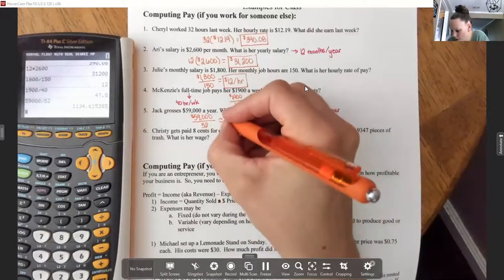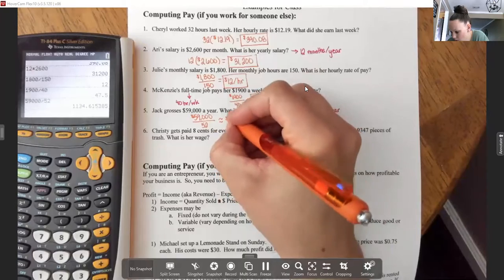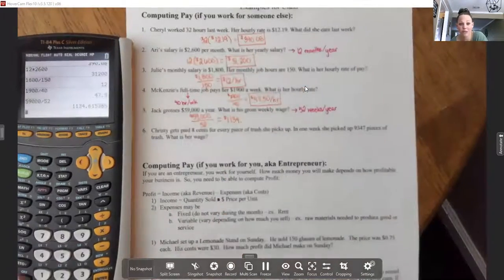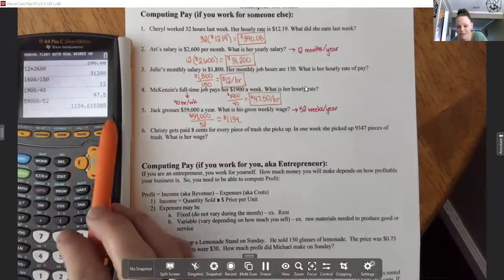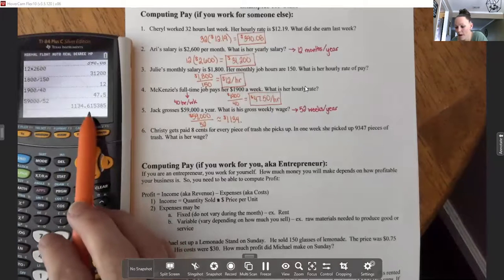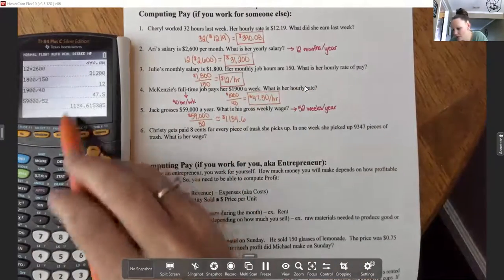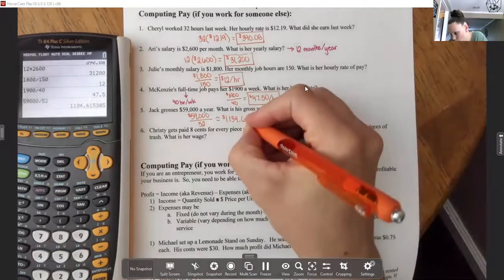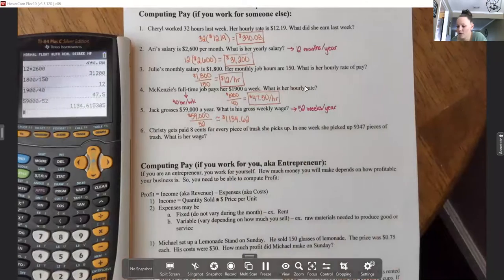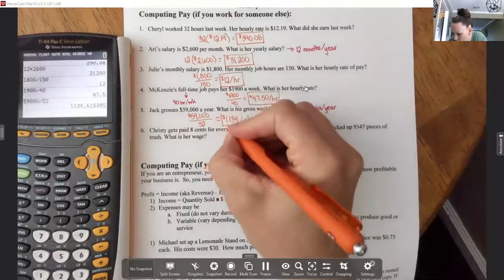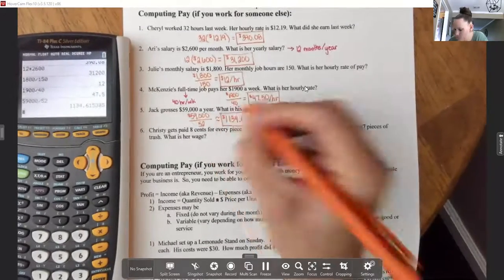Jack approximately makes $1,134. And remember, money is only 2 decimal places, so we're not going to write all 6 of these decimal places. Remember our rules of rounding. After the 1 is a 5, which means we're going to round that up to a 2. So $1,134.62 per week is approximately what Jack makes.